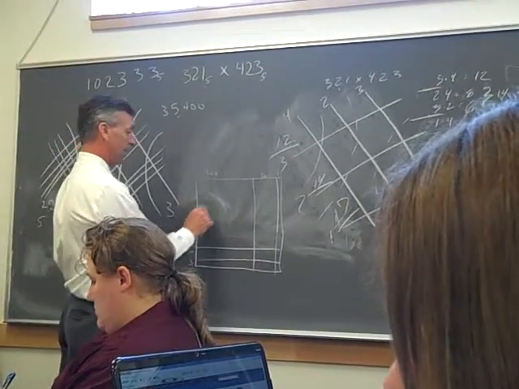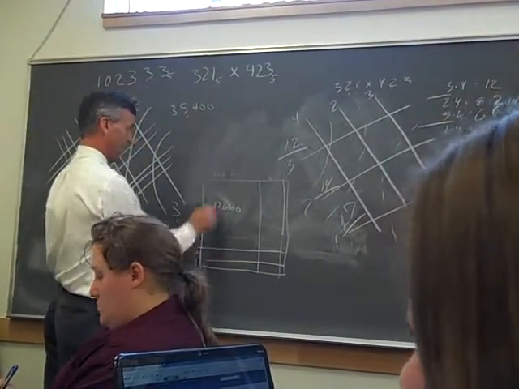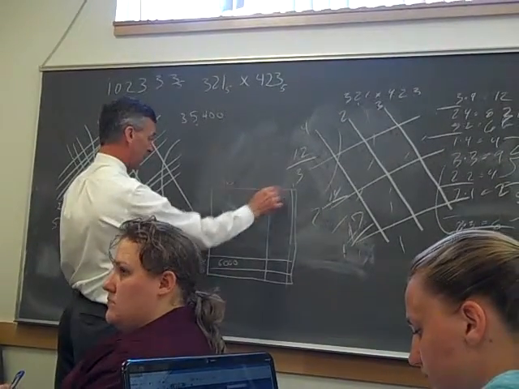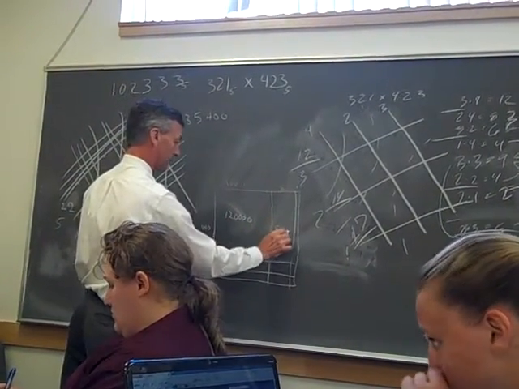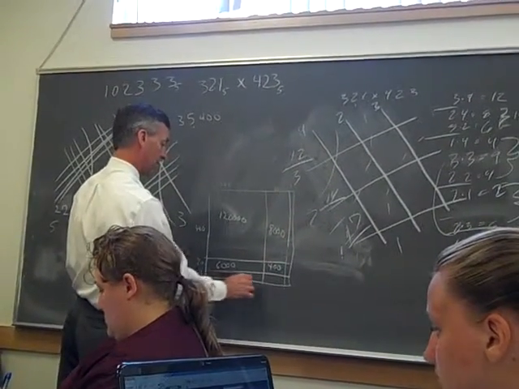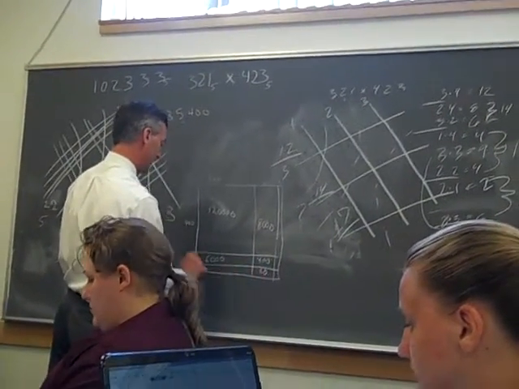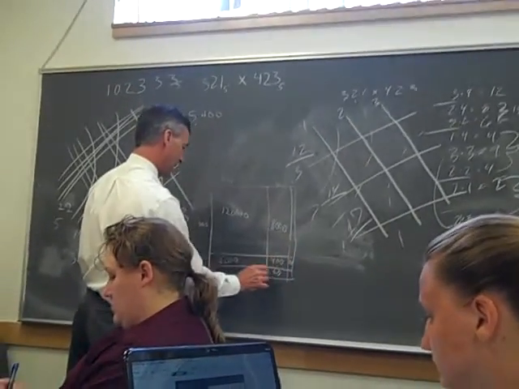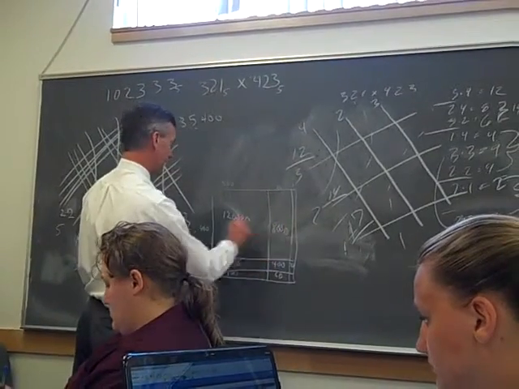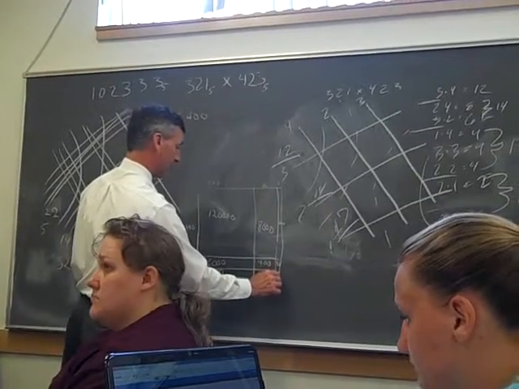And 400 times 300 is 300 times 20 is 20 times 400 is 20 times 20, and 3 times 20 is 60. 20 times 1 is 20. 300 times 3 is 900. 400 times 1 is 400, and what do we got here, a 3?